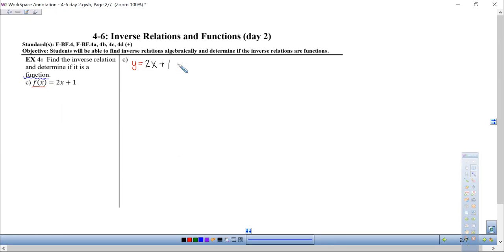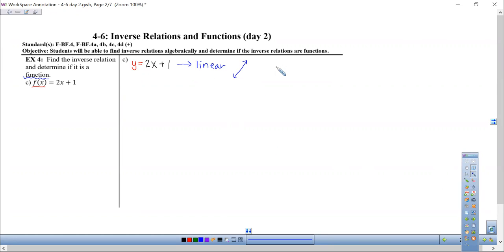So what type of function is this? 2x plus 1 has x to the first power, which means it's a linear function. A linear function is a straight line. 2 is positive, so I can think of it as a positive slope.